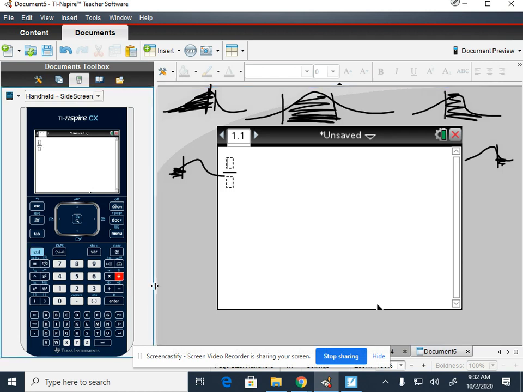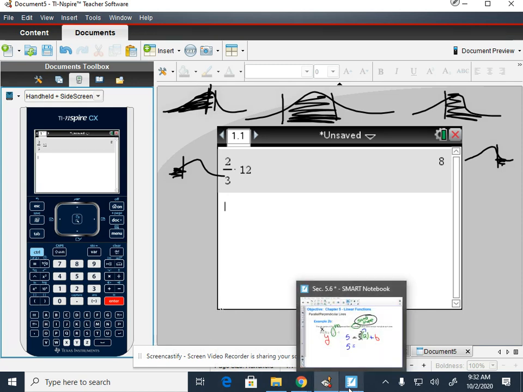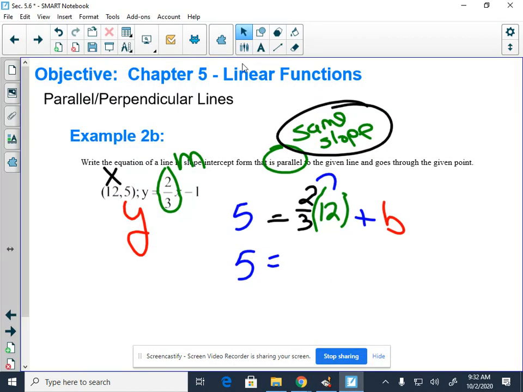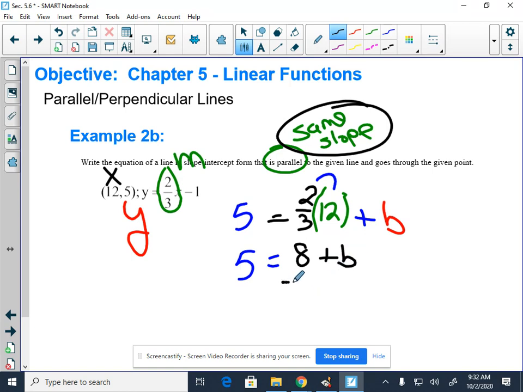It puts up a little fraction, so I can put 2/3. And I've seen some of you use this already. That's very good. And then times 12, and it'll get you the answer. That ends up being 8. Okay, so when you're here, use the calculator. This is 8 plus b. Now we want to figure out b, so we subtract 8.